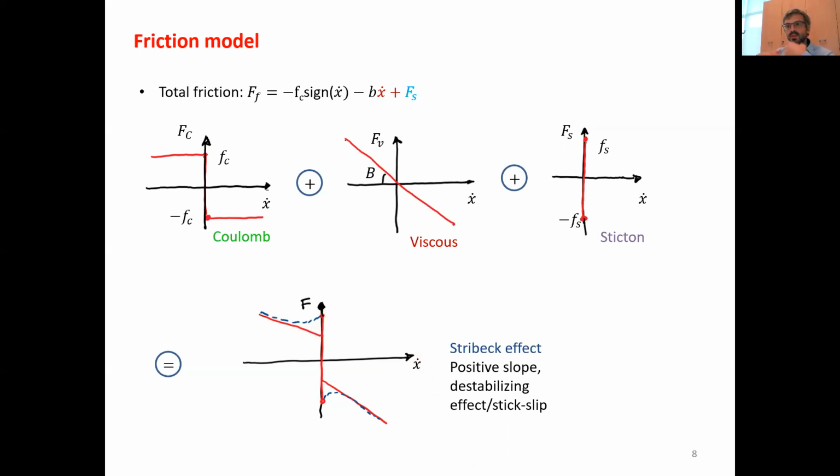So while usually friction is good for the control, because, as we will see, it adds damping to the system and damping improves stability, the negative damping due to the Stribeck effect is bad because it removes damping from the system.